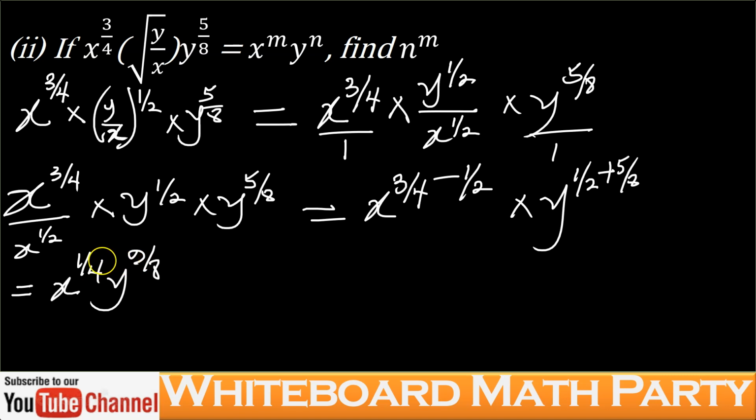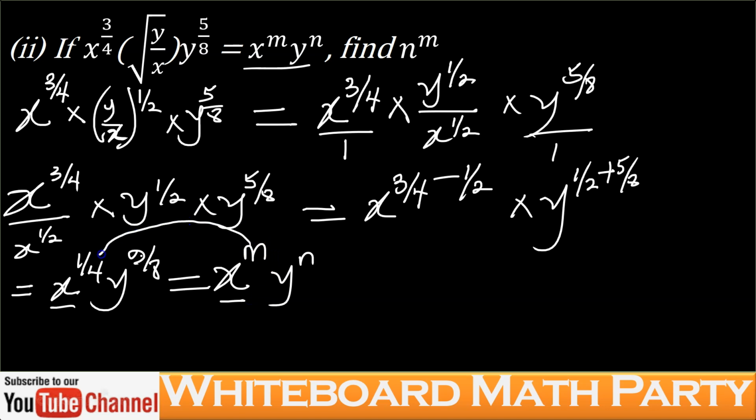Since we are here already, remember that the question says everything is equivalent to x to the power of m and y to the power of n. Now, this is x, this is x. Our m is represented by 1 upon 4, while our n takes the position of 9 upon 8.